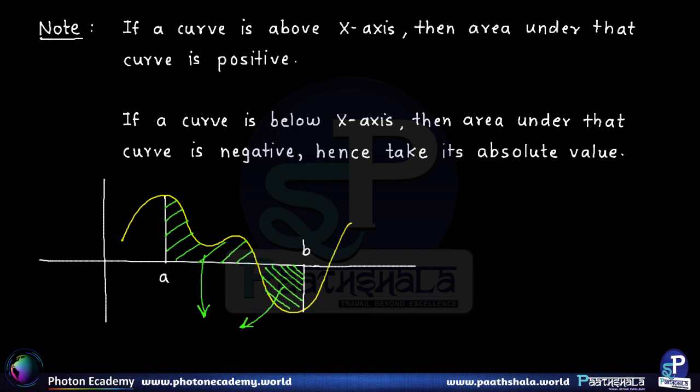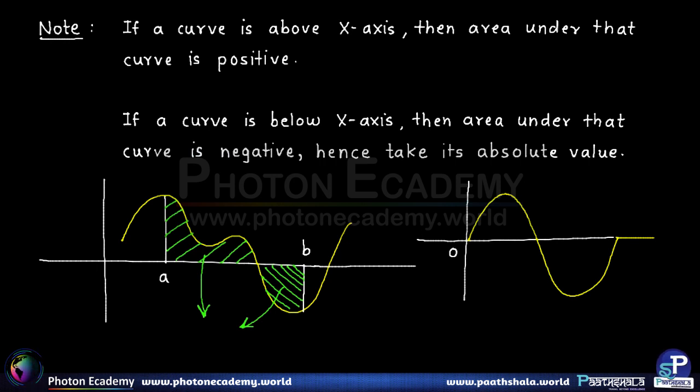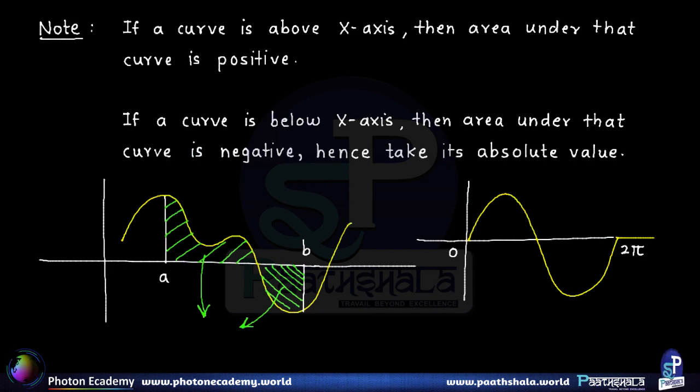So if you want one more example, if we consider say a sine curve, okay, so we know that the sine wave looks like this. Suppose we want to integrate it from 0 to 2 pi, that is, we want to find the area below the sine curve from the limits 0 to 2 pi. Now we will see that whichever is the area that lies above the x-axis will be positive, and exactly the same area lies below the x-axis, which is negative.